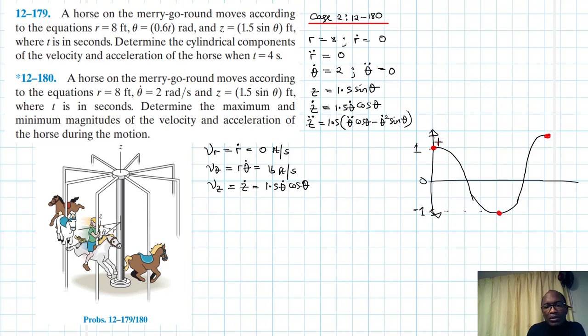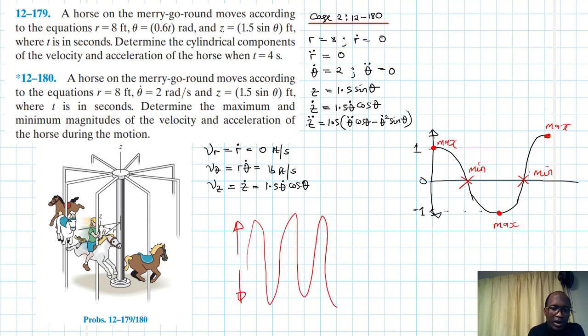These are maximums, and these are minimums. You are looking at the horse here that is going up and down like that. It's going around and it's going up and down.